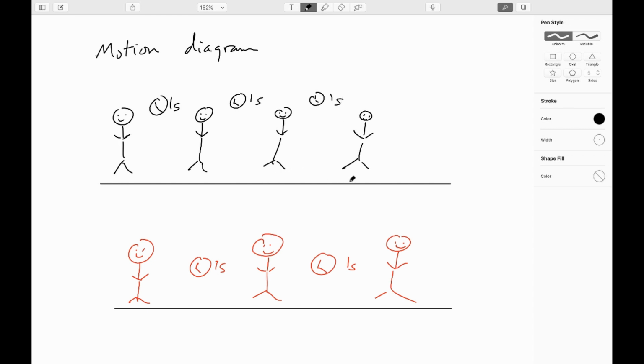But you're covering less ground in 1 second than the red person is. So the red person is covering more ground in the same amount of time. So we would say that the red person is going faster. Okay.